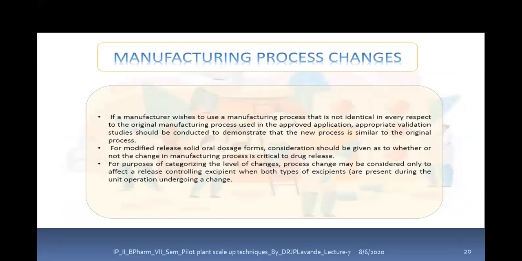If the manufacturing process is going to need changes, then the guidelines say that if a manufacturer wishes to use a manufacturing process that is not identical in every respect to the original manufacturing process used in the approved application, appropriate validation studies should be conducted to demonstrate that the new process is similar to the original process.